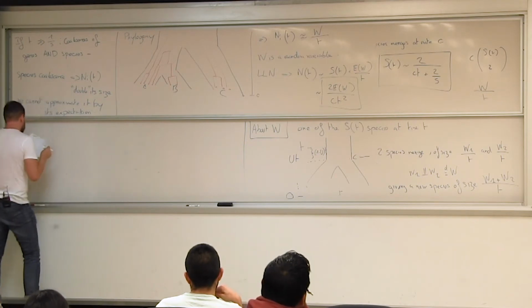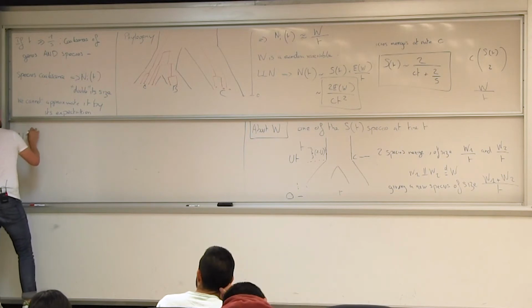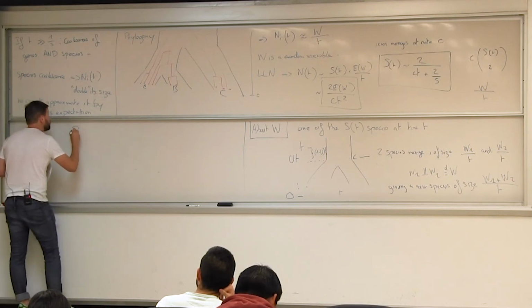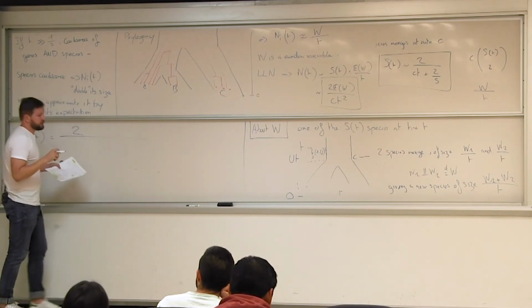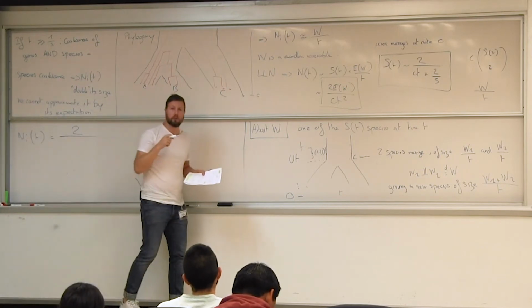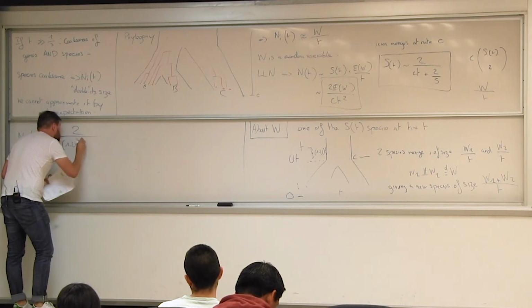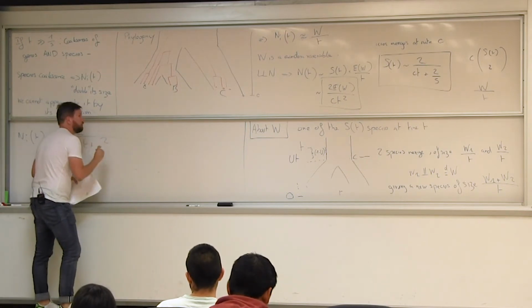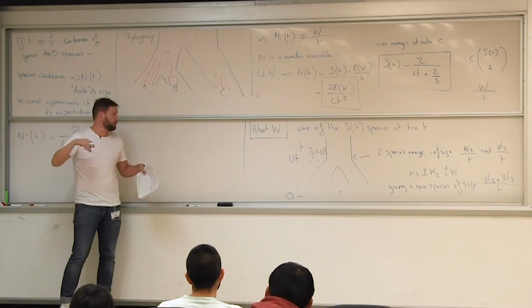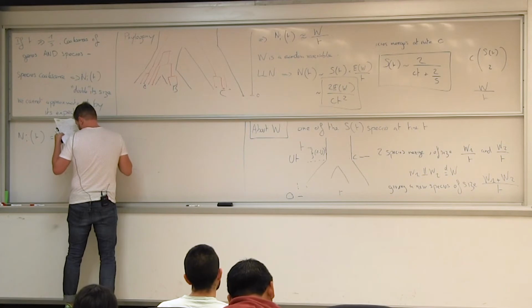Okay? So then, at time t, ni of t will be 2 over, so what is it? You have to take the time that you need. So the time here is 1 minus u times t, plus 2 over the initial population.